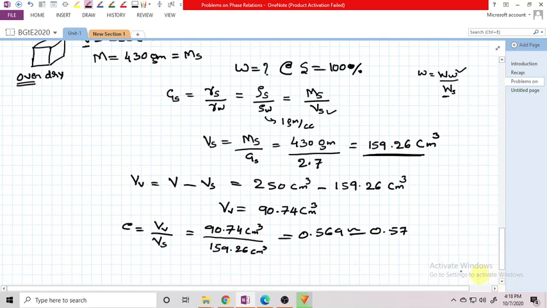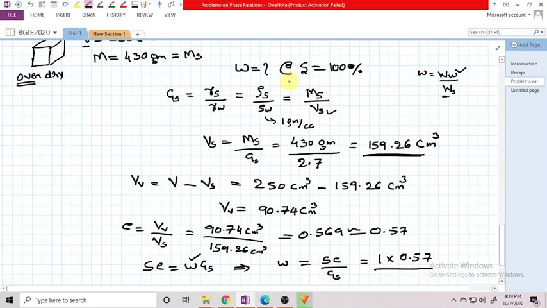Once you know the void ratio, I know the formula: e equal to w into Gs. Our motto is to find out the water content, right? So water content equal to S e by Gs. S is anyway for 100% saturation, that means 1, into e, which you just found out, 0.57, divided by specific gravity.